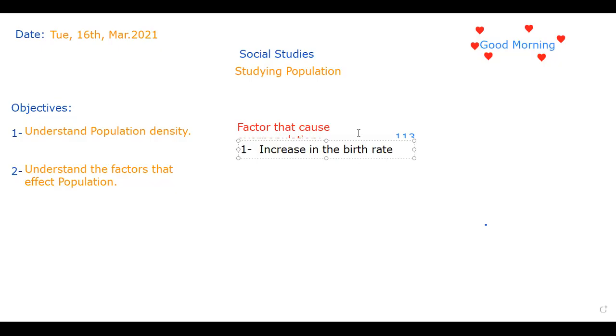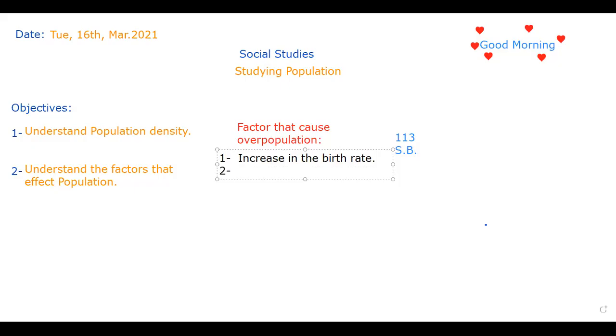Which means a place like India, for example, why do they have 2 billion in just a small country while they don't have money for them? Why? Because there's an increase in the birth rate, which means that some of the families, each year, they have one child, a new child, a new child, a new child. So what's going on? After a while, you will find in the whole area many children and many people. Where did they come from?